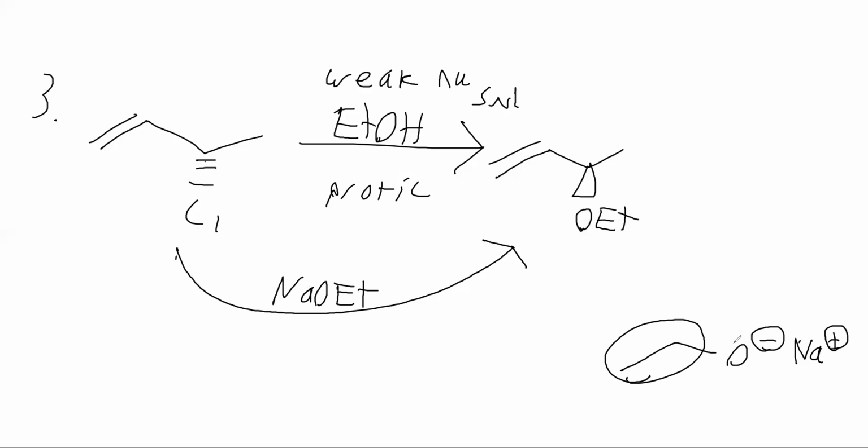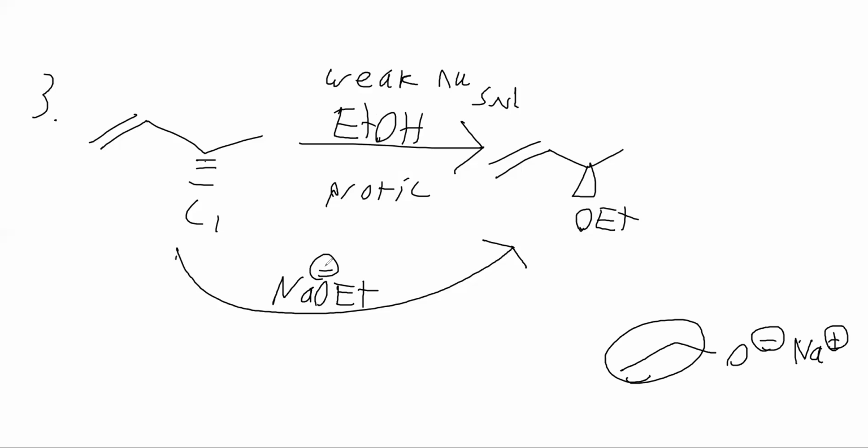Does that make sense? Just counter ion, and then the ethyl group, and we get that. And now because there's the negative charge here, this is a strong nucleophile, so ethanol and ethoxide are going to lead to the same general product, but one is a strong nucleophile while the other is weak, so it might do a different mechanism.